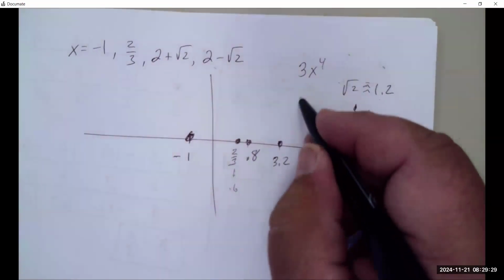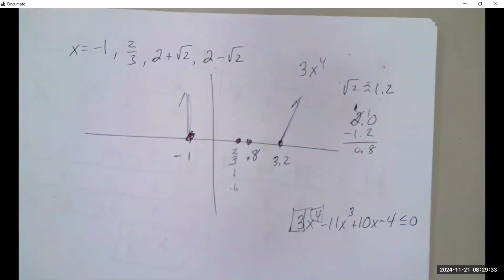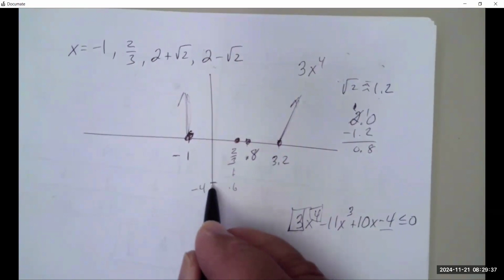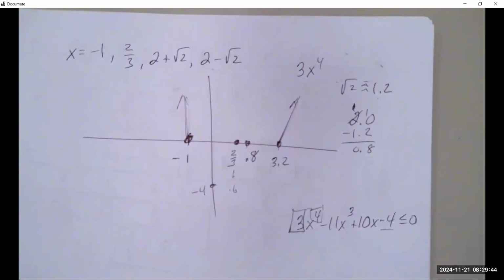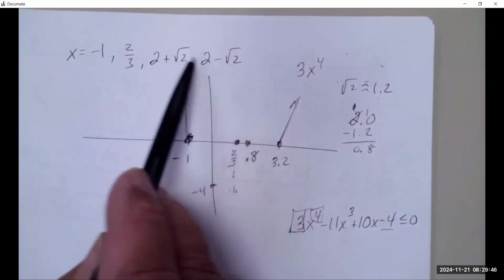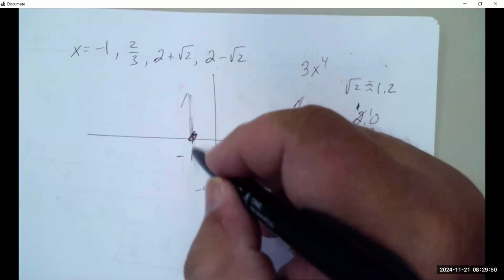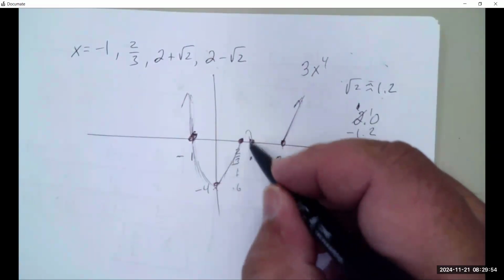Since it's positive, we know from here and here, they have to go up. We know my y-intercept is at -4. All of these zeros occur only once, so their multiplicity is 1, which tells us the graph crosses at each of these points.